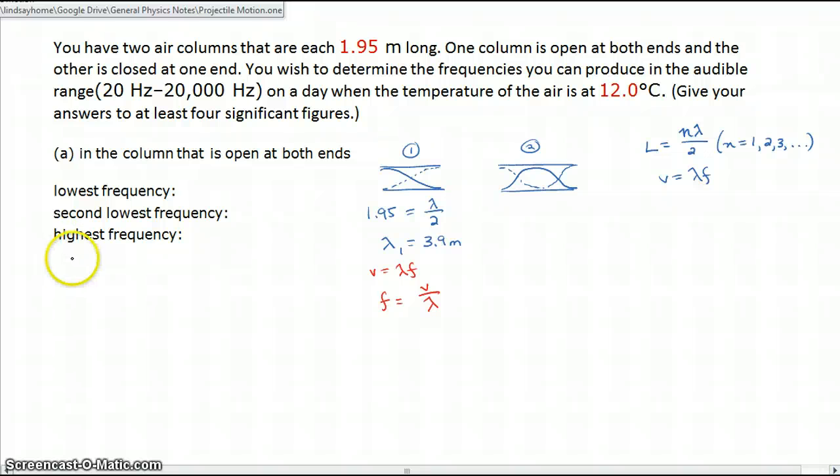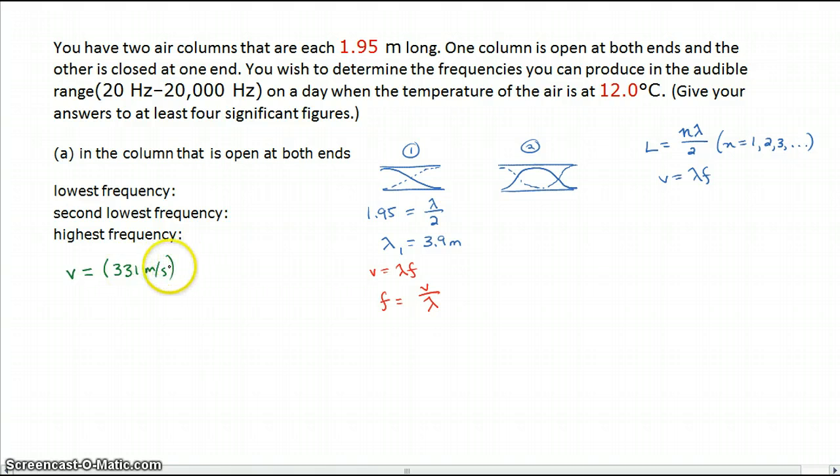If you remember back, we had a formula for the velocity of sound in air at a certain temperature, and it looks something like this. v equals 331 meters per second, which is how fast sound goes at 0 degrees C, times this little mathematical scaling factor, the square root of 1 plus the temperature of the air in degrees C over 273 degrees C. Now, if we do this in this situation, if you take 12 degrees, divide by 273, add 1, take the square root of that, and multiply that by 331, you're going to get something a little bit bigger than 331.